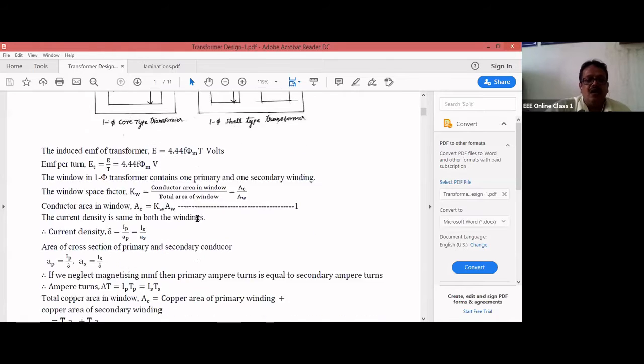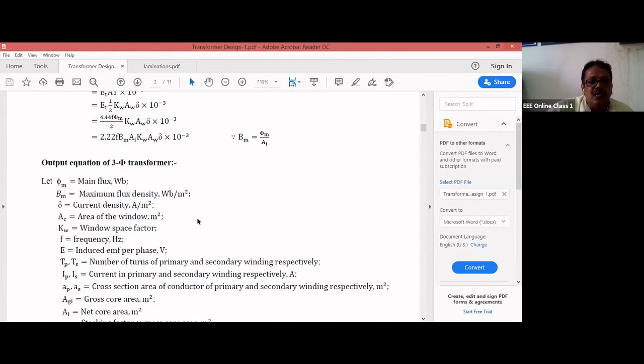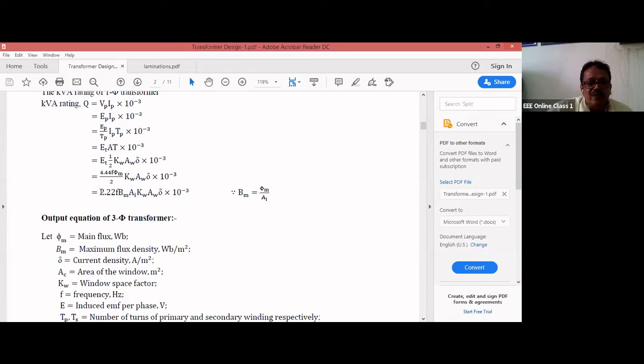Also, if you go with the output equation 2.22, f Bm AI Kw Aw delta into 10 power minus 3 is nothing but Q. Q is your output equation.